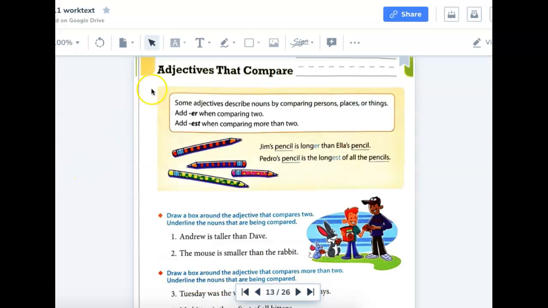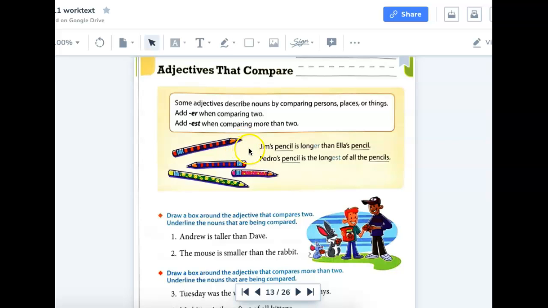It should be on page 239, Adjectives that compare. So we learned today that some adjectives describe nouns by comparing persons, places, or things. And we add er to the adjective when comparing two nouns, and add est when comparing more than two nouns.